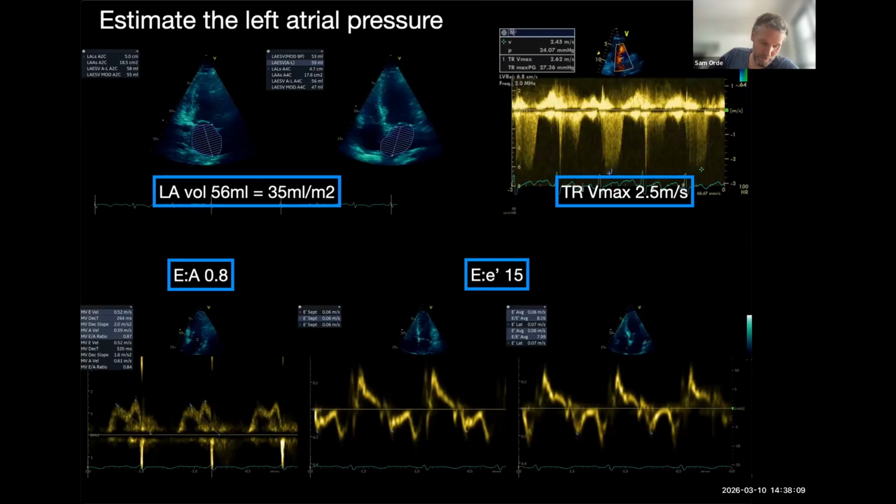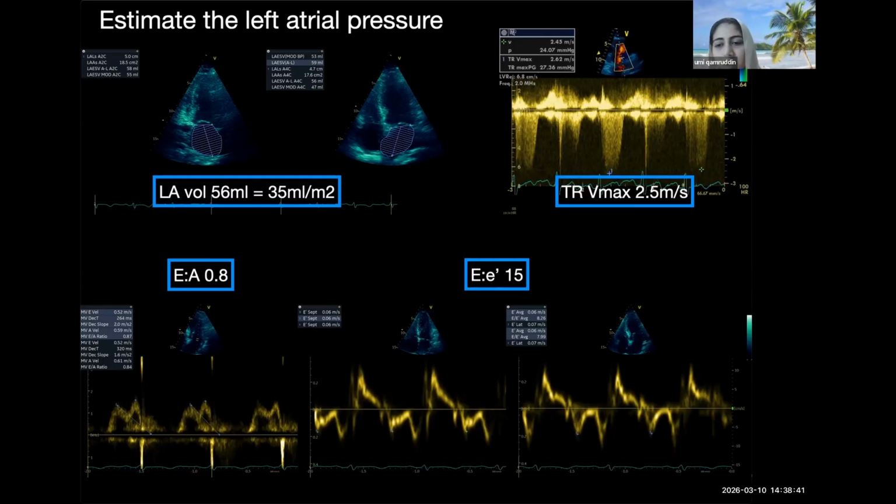Estimate the left atrial pressure for me. The E to A ratio is like 0.8. The deceleration time is 200, anywhere from 260 to 320. And the left atrial volume is mildly enlarged if it's being indexed. The E to E prime is borderline at the cutoff.